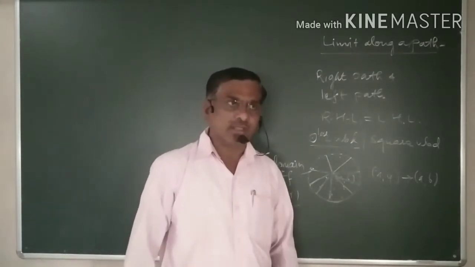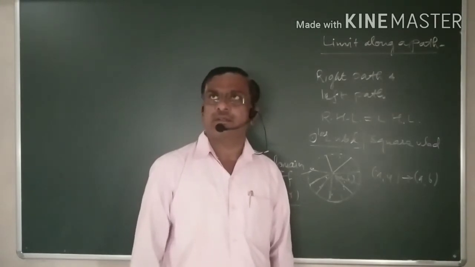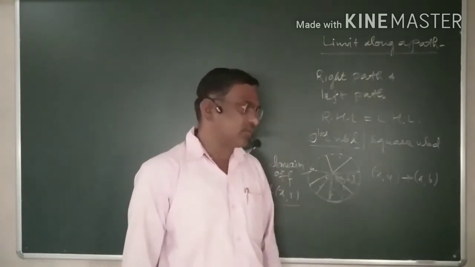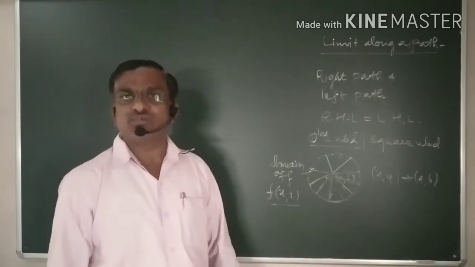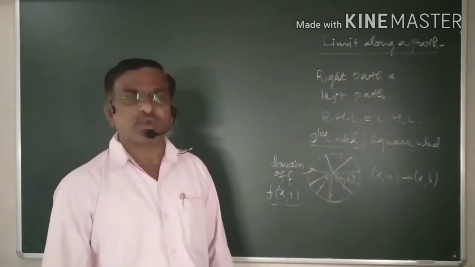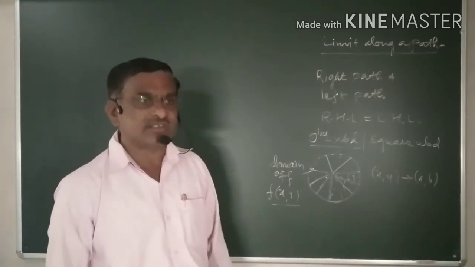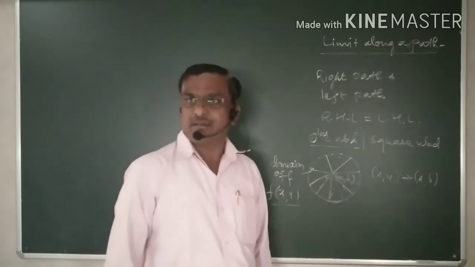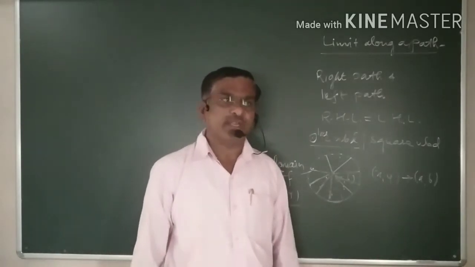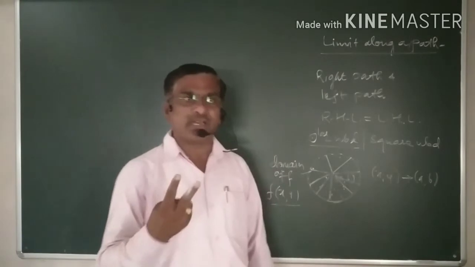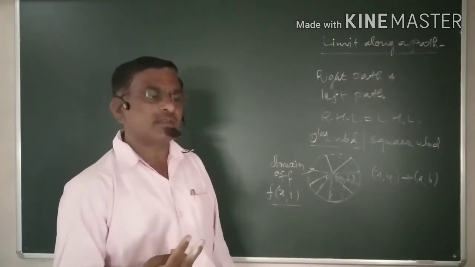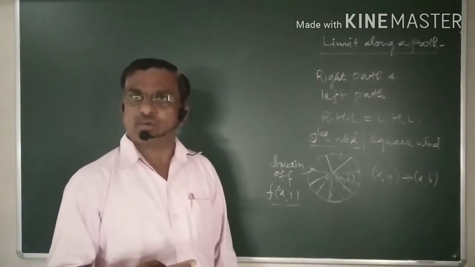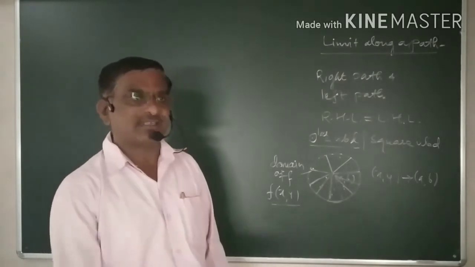And if there are at least two paths along which we get different limits of the function at the same point, then we say that the limit of that function does not exist. In other words, whenever we need to show that the limit of a function of two or more variables does not exist, it is sufficient to find at least two paths where we get different limits of that function at that point.